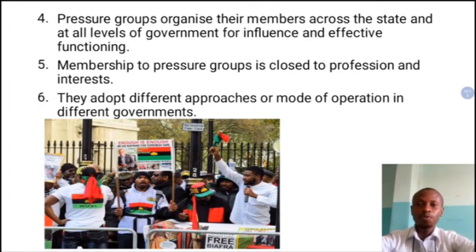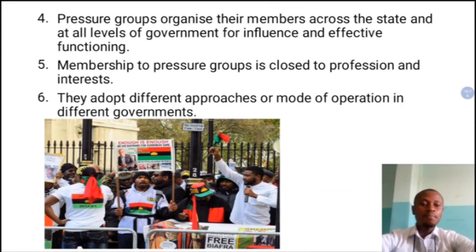Now, the fourth one is that pressure groups organize their members across the state and at all levels of government. Why do they do that? To get influence. To be able to influence government properly for effective functioning.